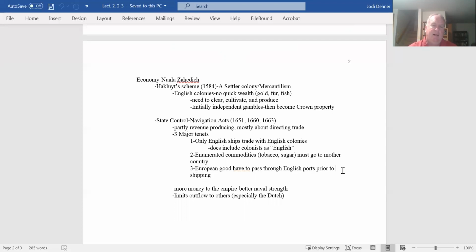But unlike capitalism, which says when you produce a product, you sell it to the highest bidder, maximizing your return, the mercantile system says this is a system designed to benefit the mother country, as it's referred to. The colonies have a subservient role to serve the mother country. Their job is to produce materials that we can use here.